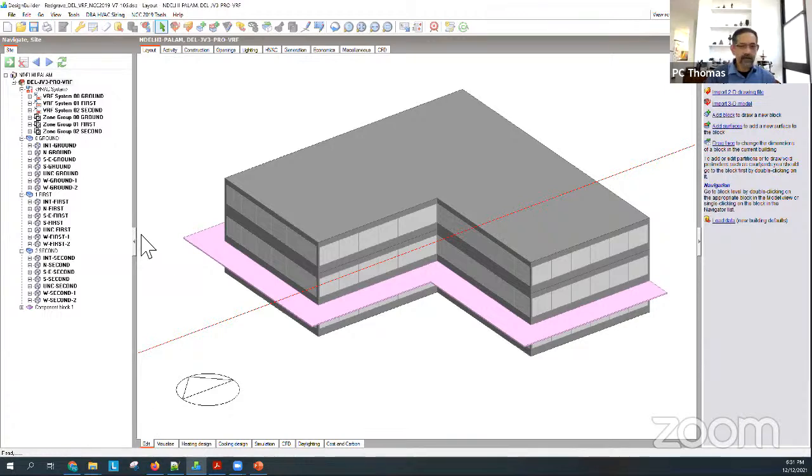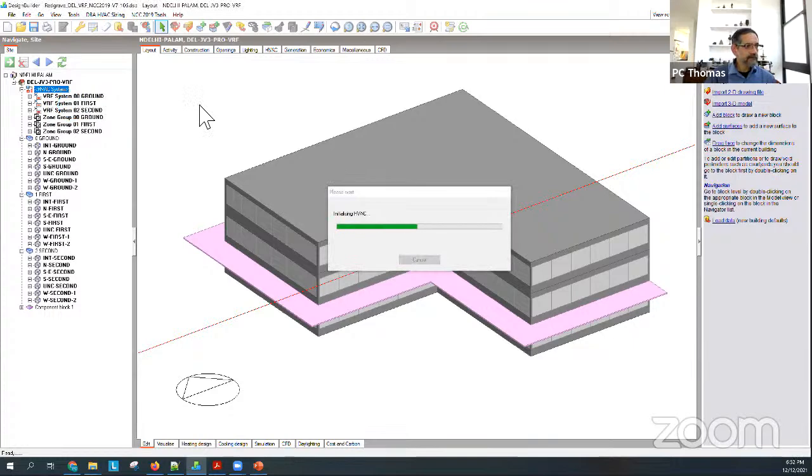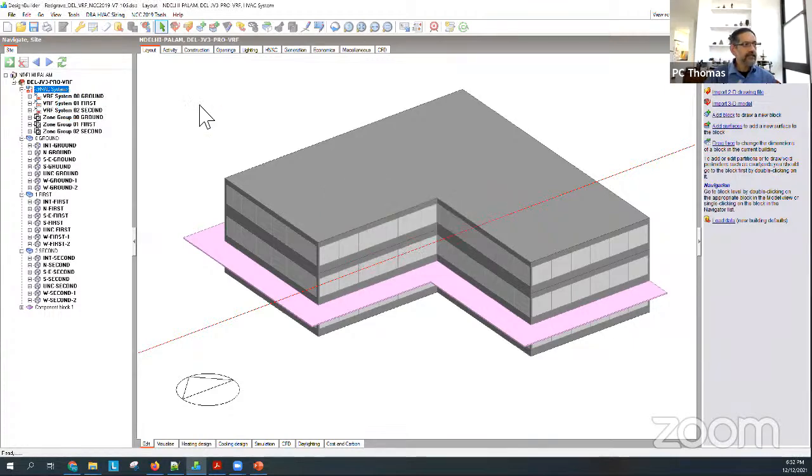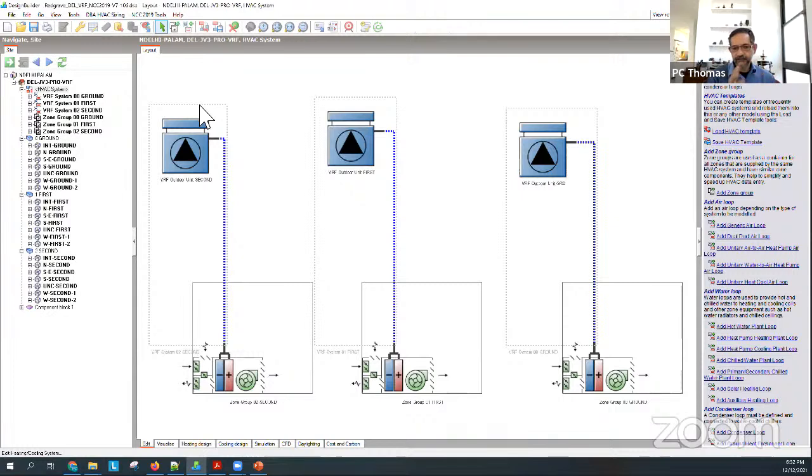But I'm going to show you how it's set up now. Once I turn on detailed HVAC, there will be this additional thing called HVAC system. If I click on that, because I've set it up, it will give me a view of that system.